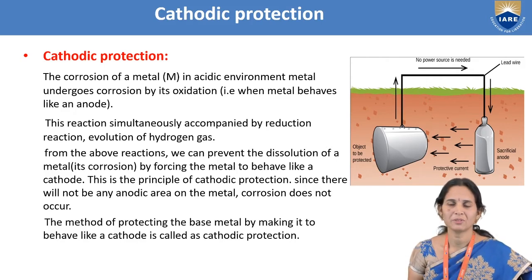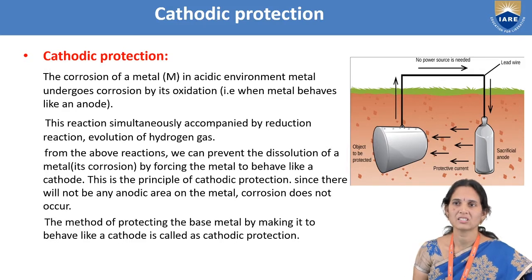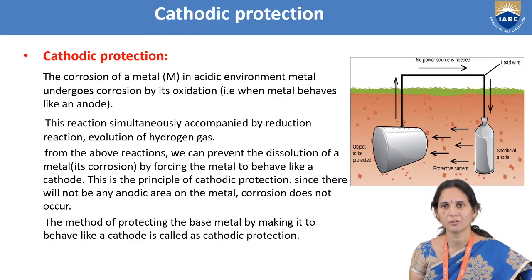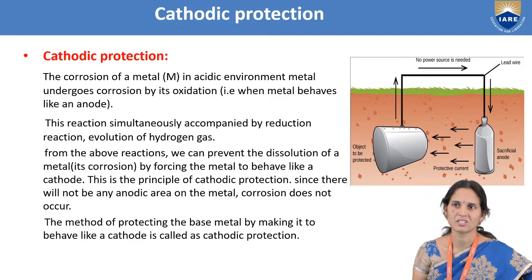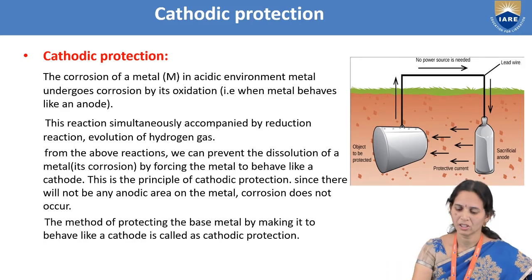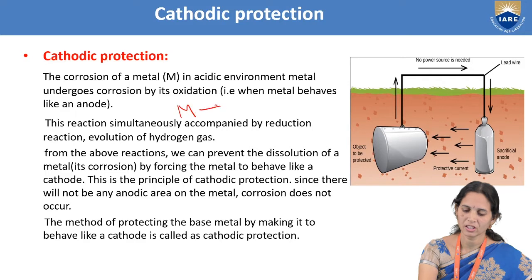The corrosion of any metal in an acidic environment occurs by its oxidation, which means the metal behaves as an anode and will undergo corrosion.